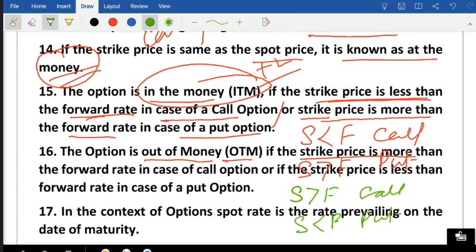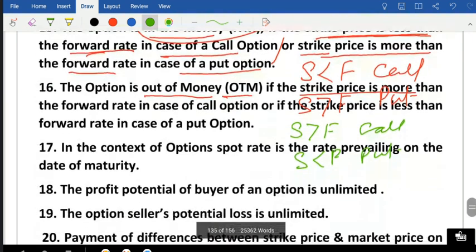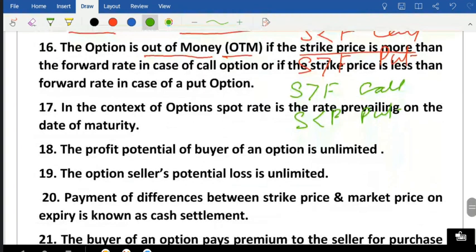So you can remember ITM, S is less than F and S is greater than F for call and put option respectively. Okay, in the context of option, spot rate is the rate prevailing on the date of maturity. This is very, very important.